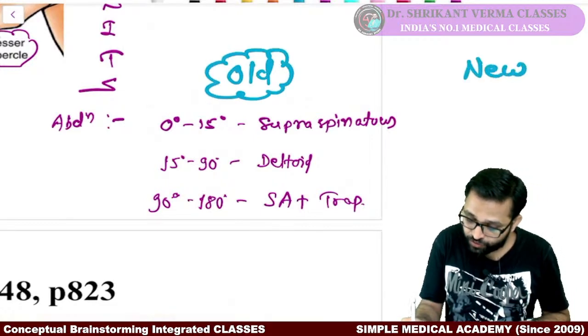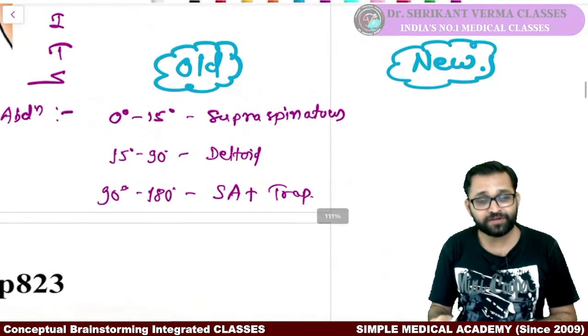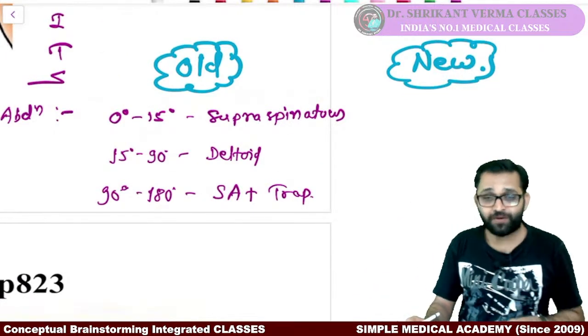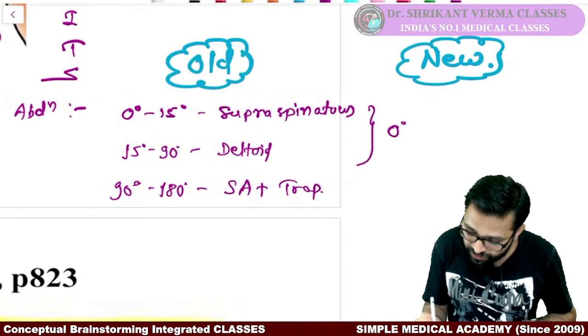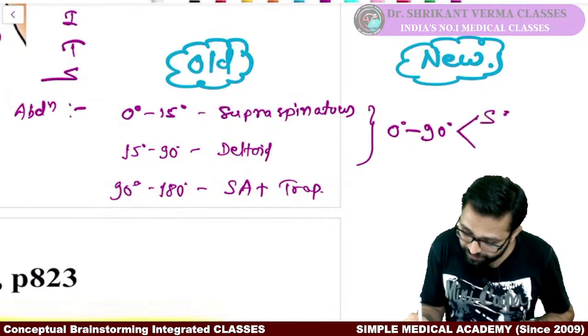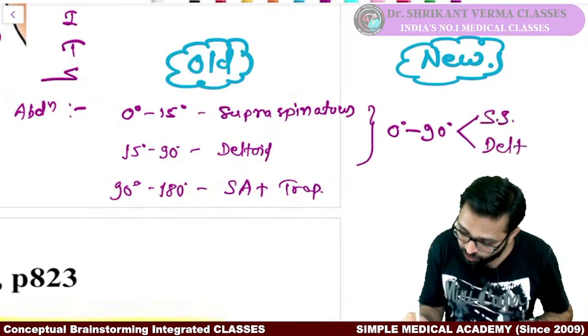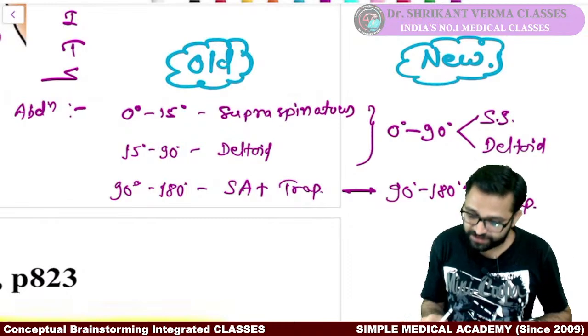Now the new theory, this is the update, published in Gray's Anatomy: 0 degree to 90 degree movement is done by the supraspinatus and deltoid, and 90 degree to 180 degree is performed by the serratus anterior and trapezius.